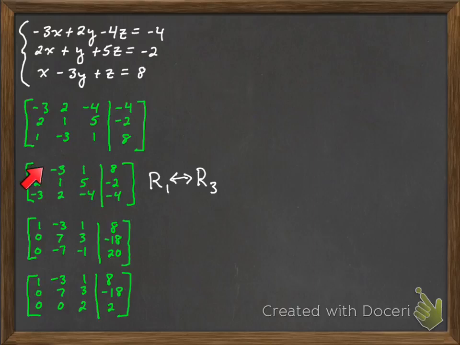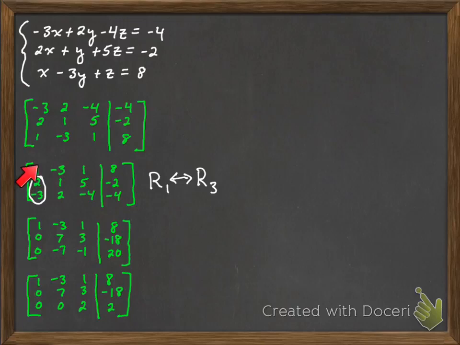Now, once we have this 1, we use that to create zeros right here. We use the 1 to create zeros here and here. All right, so to get a 0 right here, what cancels with a positive 2? That's a negative 2.